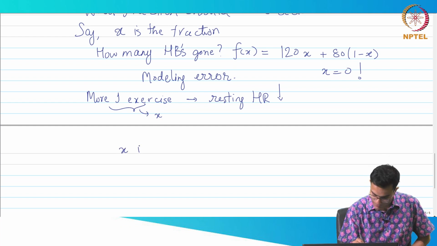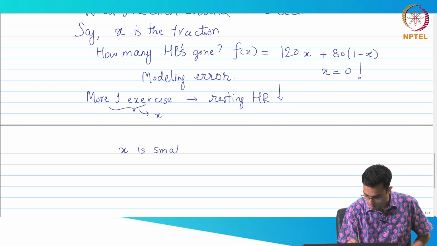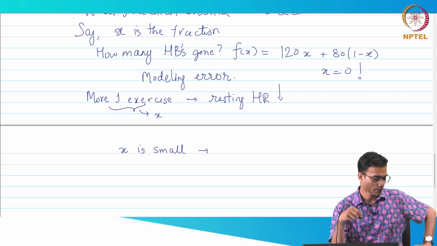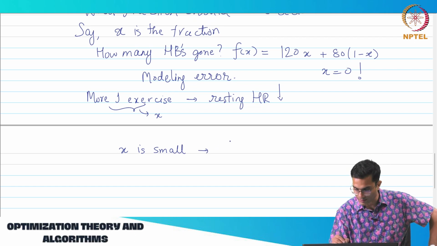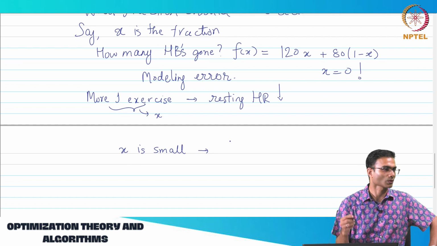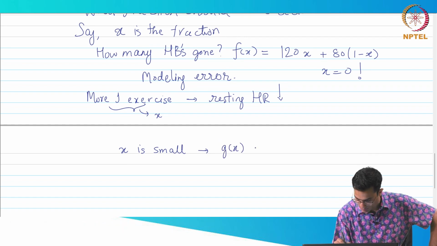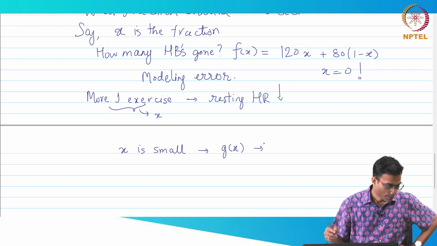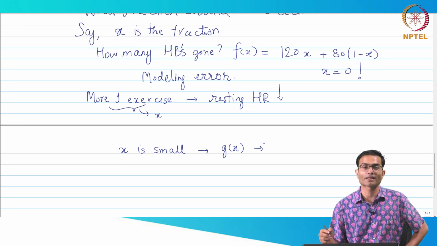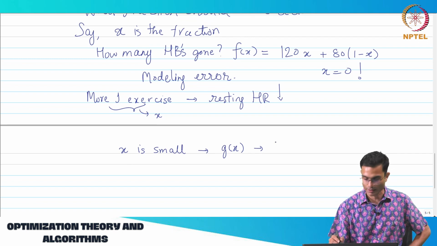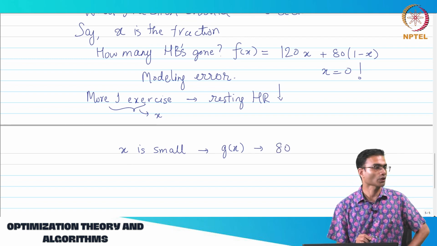So when x is small, I'm going to call the resting heart rate, instead of 80, by some other name: g of x. If I don't exercise enough, my resting heart rate, let us say, is 80. Couch potato.